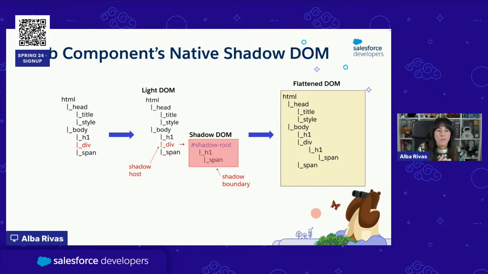Why is it not recommended to use it in the platform? Well, because on the platform, on Lightning Experience, first of all, your components can coexist in the page with components that may come from other providers. For instance, a component that has been downloaded from the AppExchange and so on. Do you want those components to interact with your components?